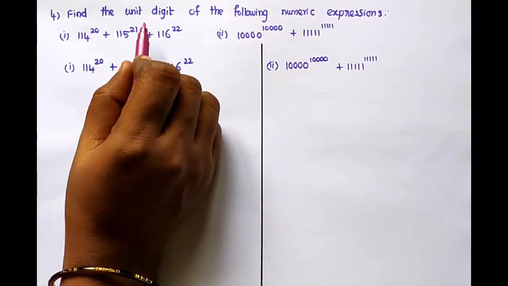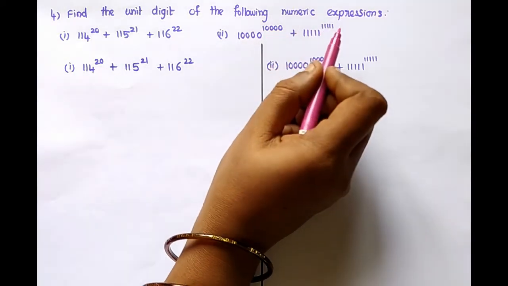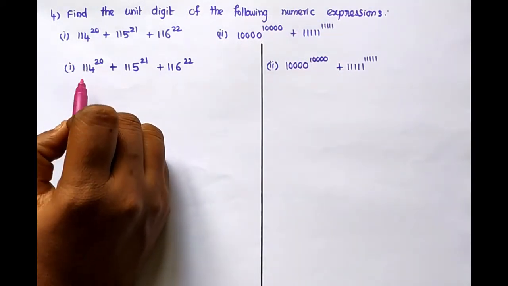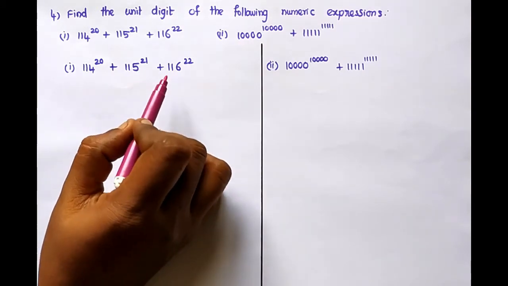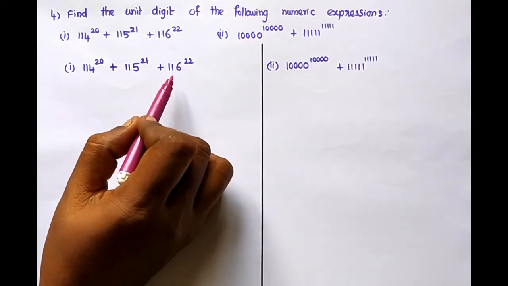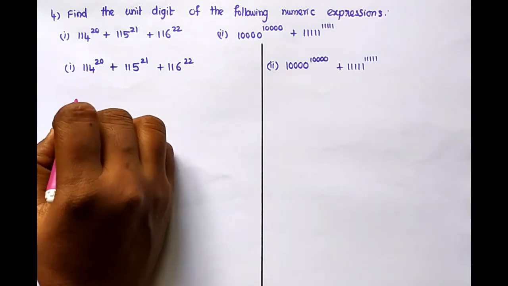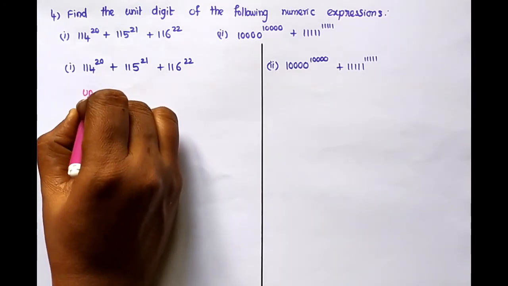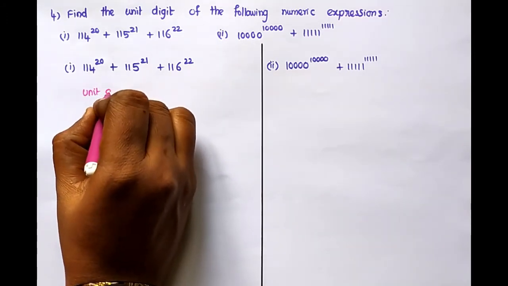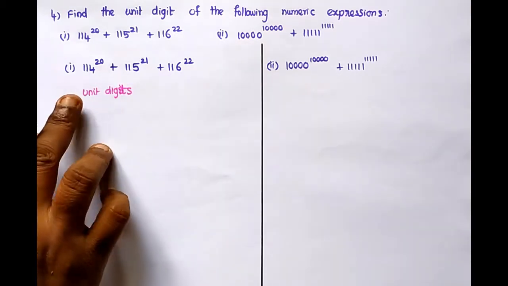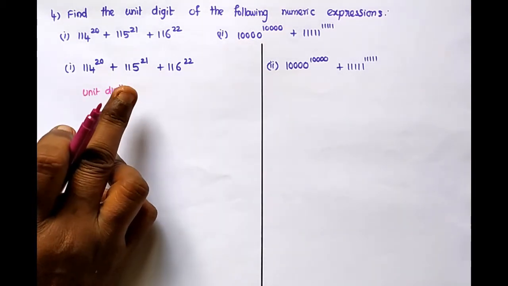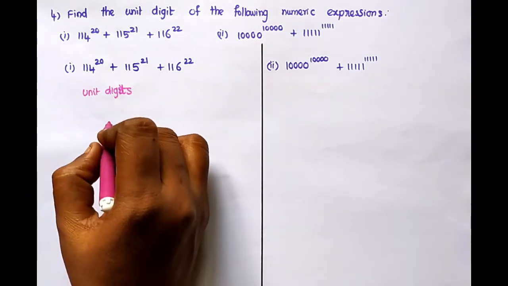Fourth sum, find the unit digit of the following numerical expressions. First one, 114 power 20 plus 115 power 21 plus 116 power 22. Listen, first we have to find out the unit digits of 114, 115 and 116.